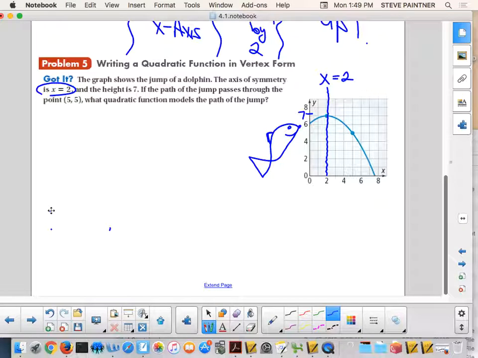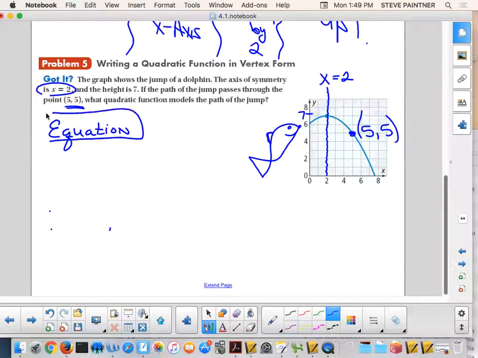If the path of the jump passes through the point 5, 5, so somewhere on the parabola, about right here, is 5, 5, right? What quadratic function models the path of the jump? Guys, they're asking you to write an equation. What equation works with this parabola?